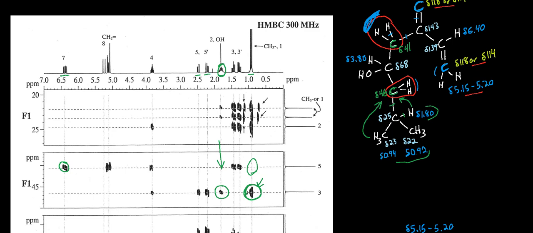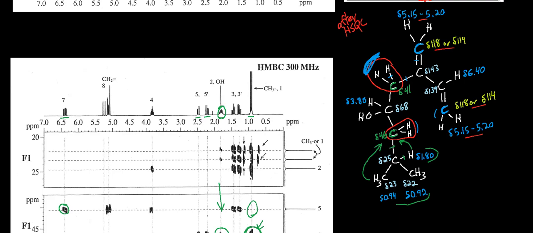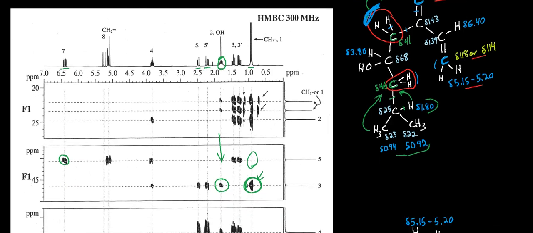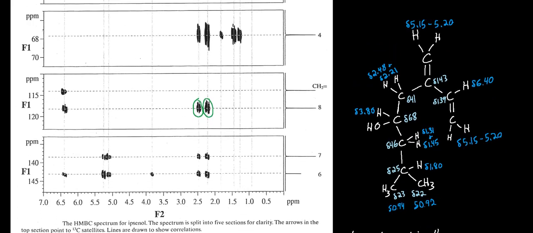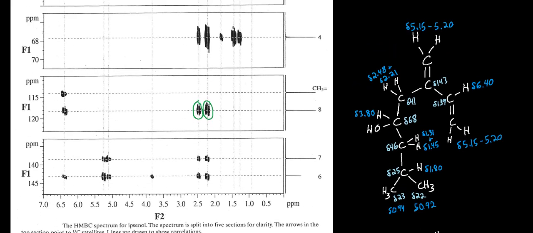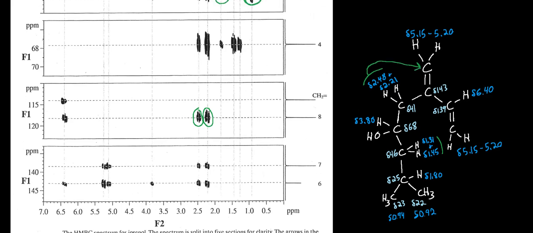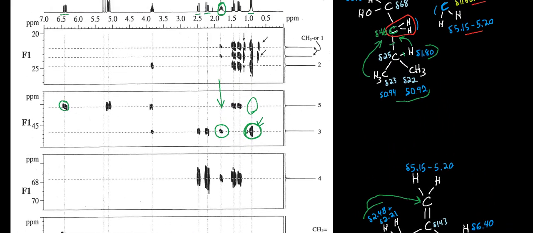And we know what protons are attached to those from HSQC. The protons on 41 are going to be, again, key to looking over in this direction. So let's go down to what the HMBC has brought us. We're here. The 2.48, 2.21 are what are attached to 41, and I've gone ahead and filled in the 1.31 and 1.45 as well. We're looking for correlations from here to here. 2.48 and 2.21, going back up, are these two signals here at the very top.